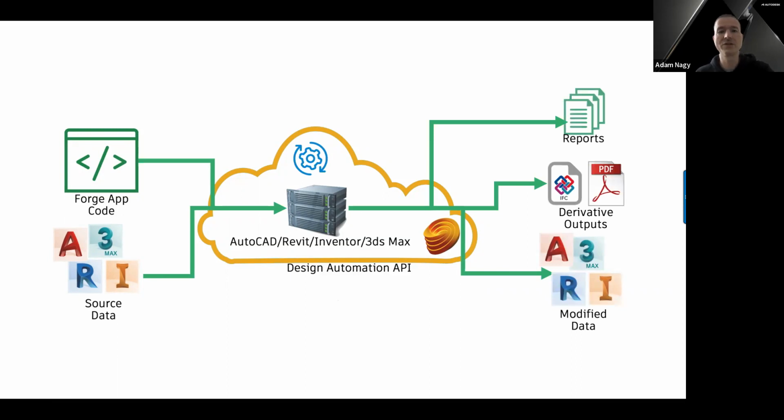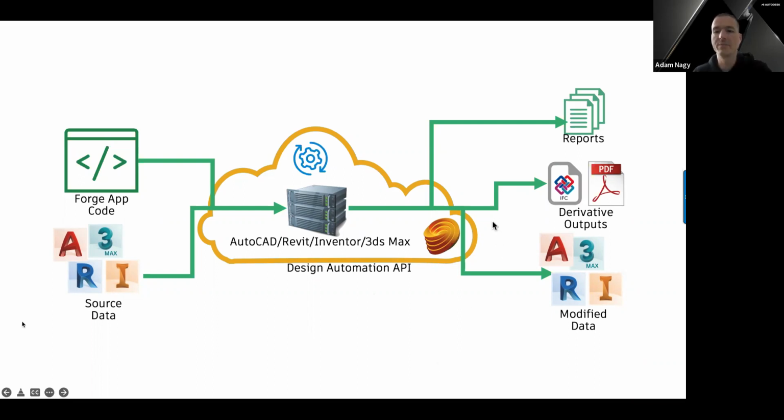And after it's finished running, it will be providing a reports file that I already quickly mentioned before, which will have some information coming from the Design Automation service itself, detailing the command line arguments that were used, which version of, for example, Inventor was started up, things like that.